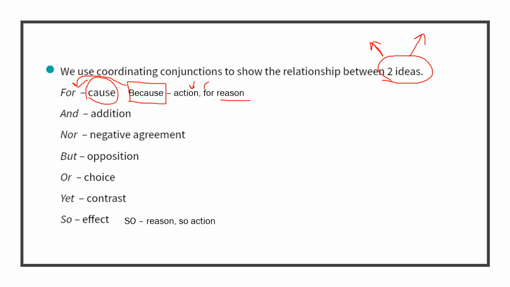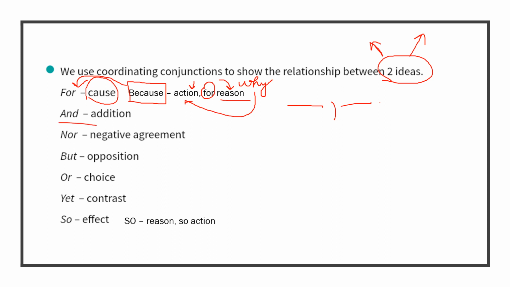Then we write for and then we give the reason why the first part of the sentence is happening. For example, I am not going to school for I have fever. Simple. You are telling the reason why you're not going to school.